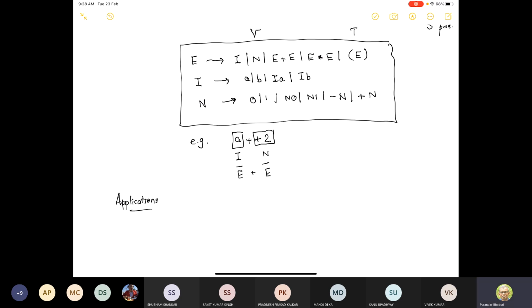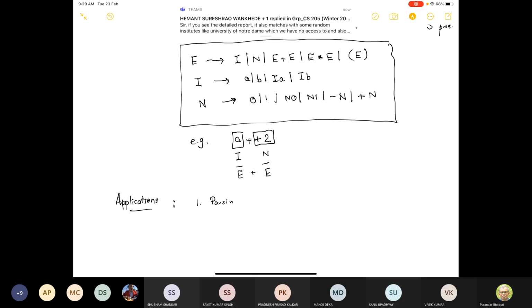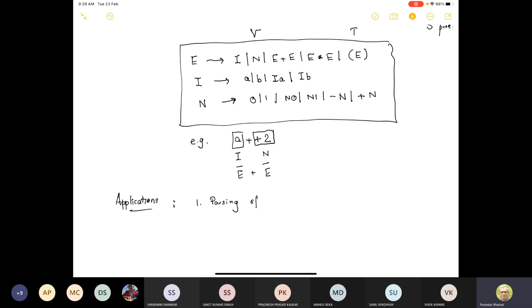Okay, the main application, or the original application in computer science, was parsing of programs, right?